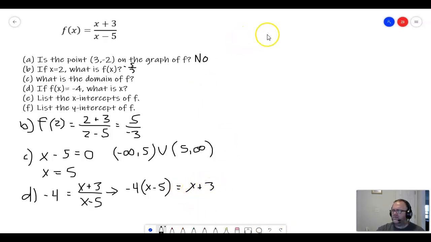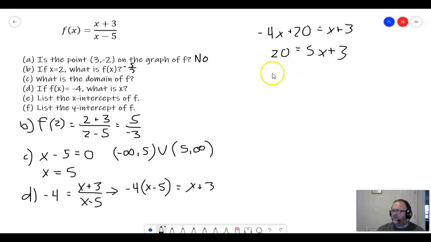So let's start back up here at the top. I'm going to have negative 4x plus 20, I'm just distributing that negative 4, is equal to x plus 3. And I can add 4x to both sides, so I'll get 20 is equal to 5x plus 3.